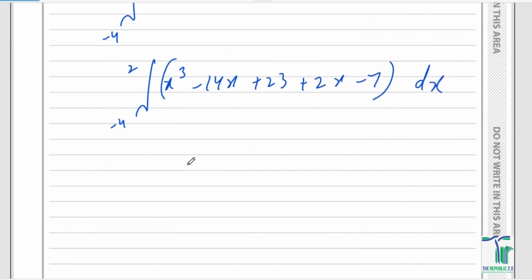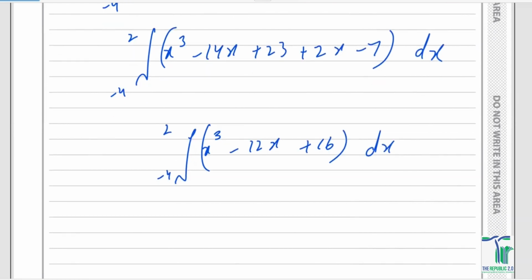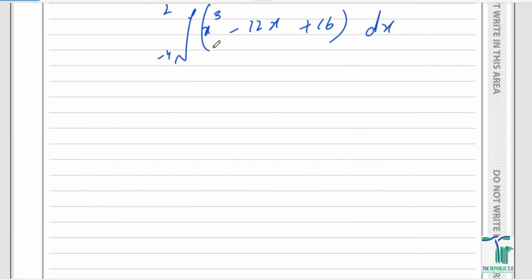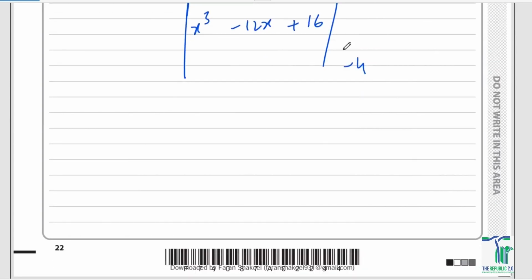So the final function would eventually become x cubed minus 12x plus 16, times dx. So I'm just going to integrate all of these things: x to the fourth over 4 minus 6x squared plus 16x, between -4 and 2. I'm just going to plug in the limits. And after plugging in the limits, you'll see that you will have 108 units as the final answer for the area, right?